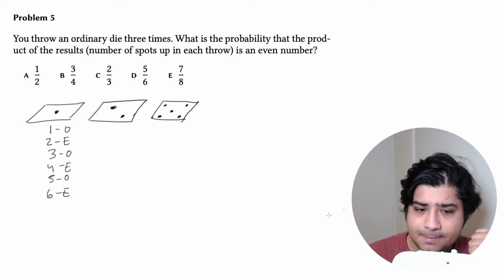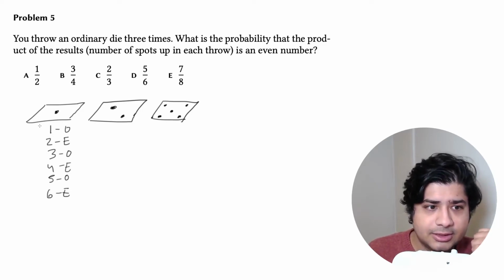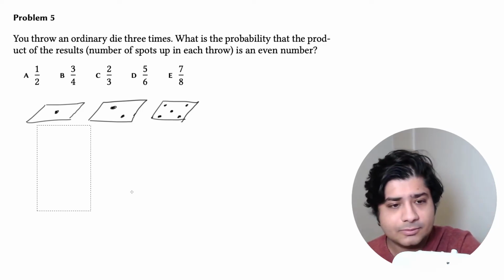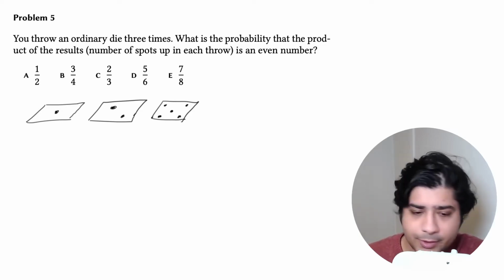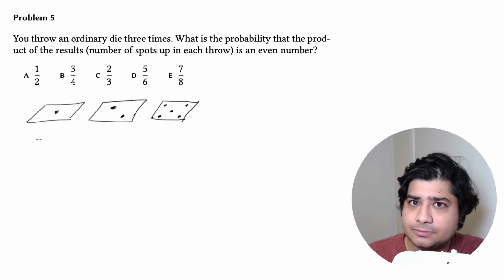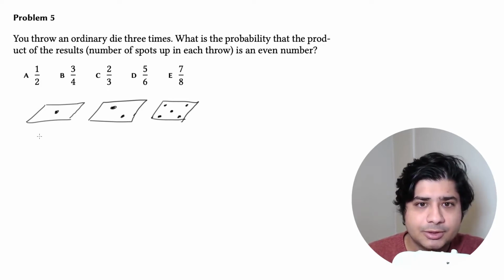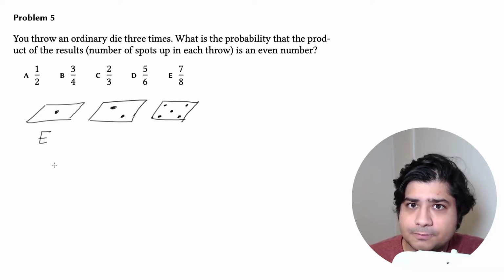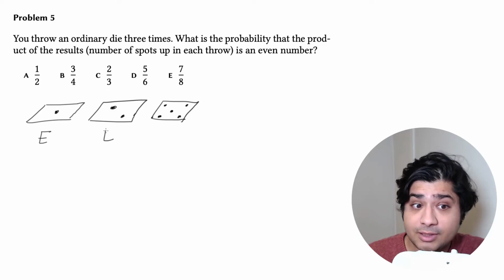So let's say that, delete this. And then we go with the first option. Well, the first option, that could be an even number for the first one. Now, it could be an even number for the second one.